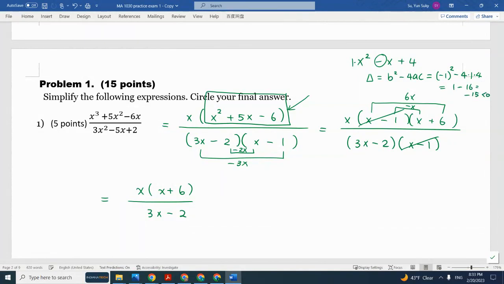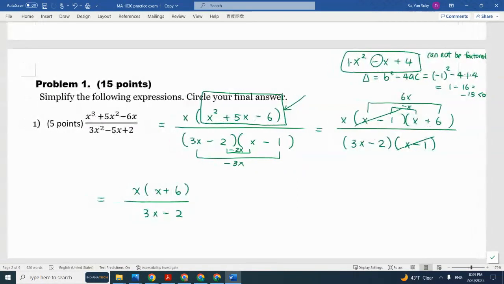This is negative, which means we have no real solution. We have 2 complex solutions. Therefore, the x squared minus x plus 4 cannot be factored. Okay? Cannot be factored with real coefficients. It can be factored with complex coefficients, but for real coefficients, we cannot factor it.